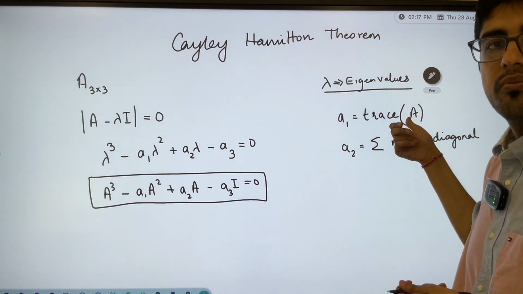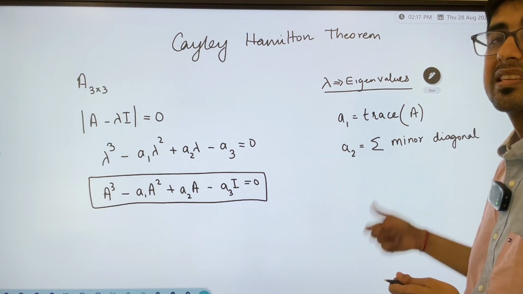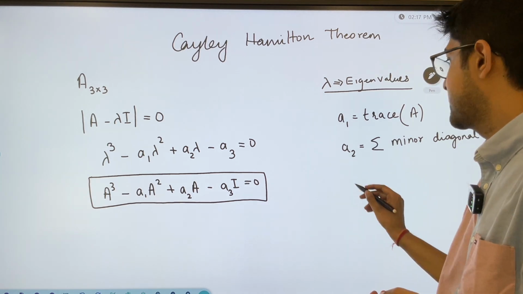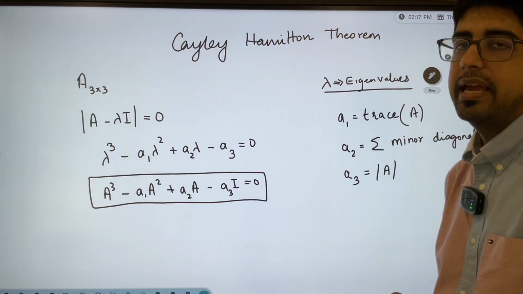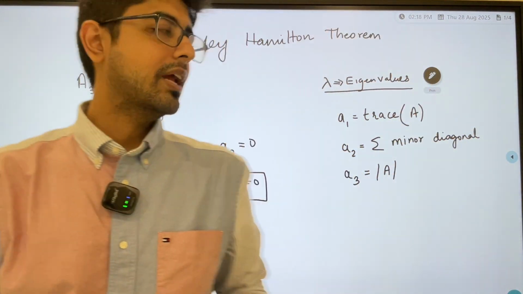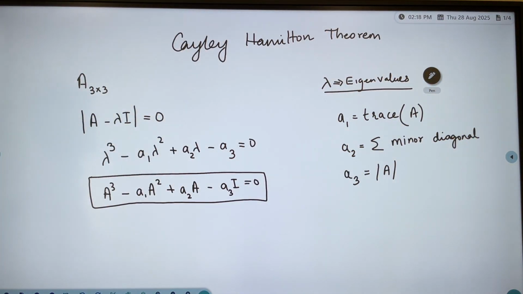This is the sum of diagonal elements. This is the sum of minors of diagonal elements. And A3 is the determinant of A. And this is how you get the values of A1, A2, A3.